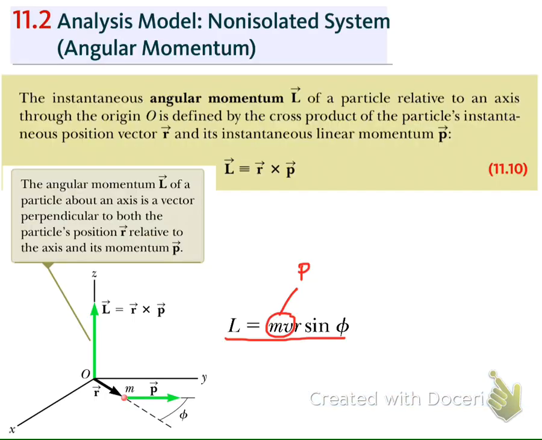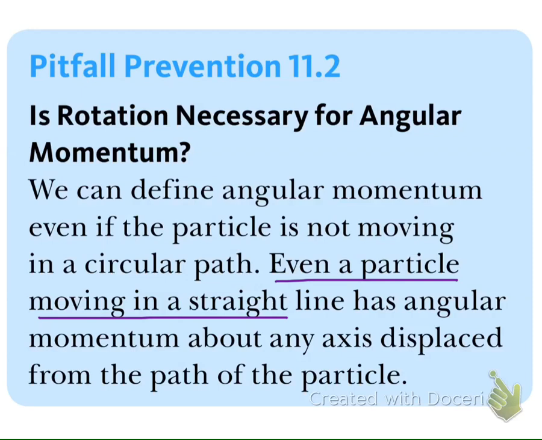The definition of the angular momentum has nothing to do with rotation. Even though we define some axis, it's not necessary that the particle has to rotate about this axis. Even if the particle is moving in a straight line, we can define the angular momentum.